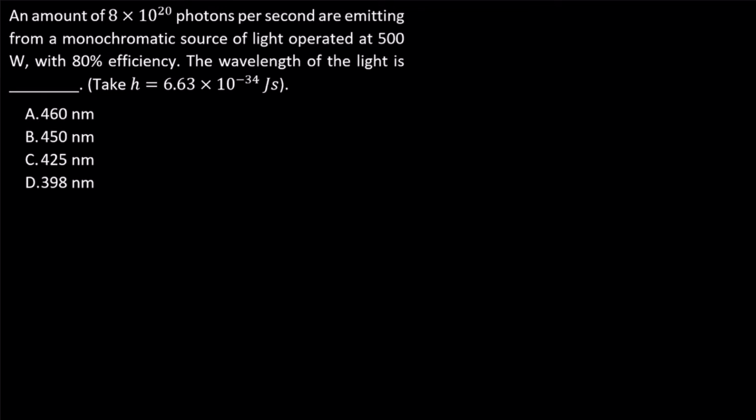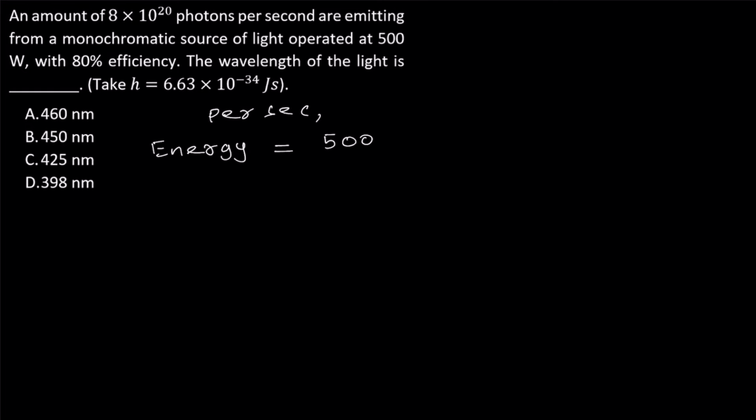So if you write down the energy emitted per second, if I consider the source of light, per second the energy emitted is 500 joules.